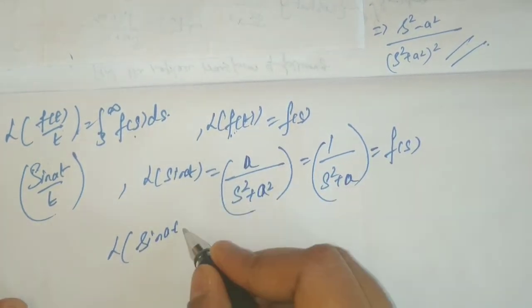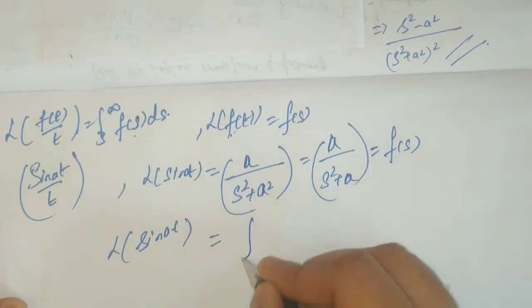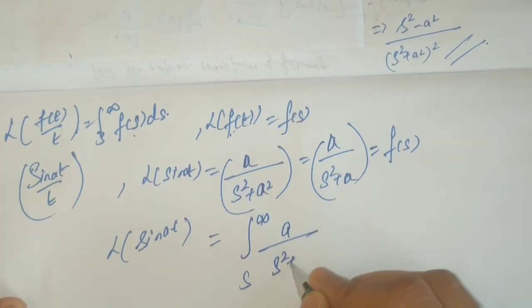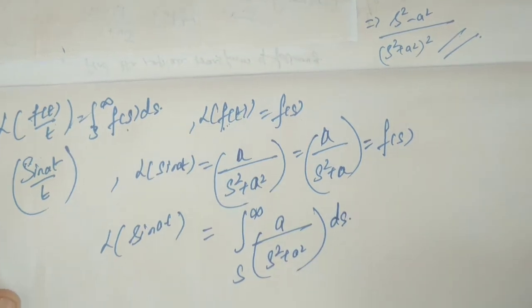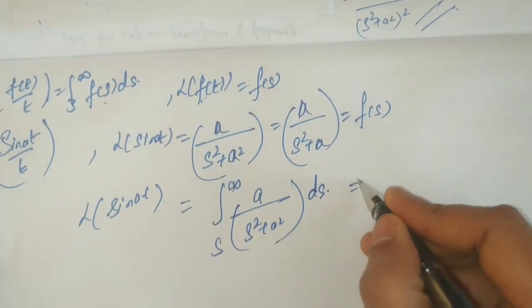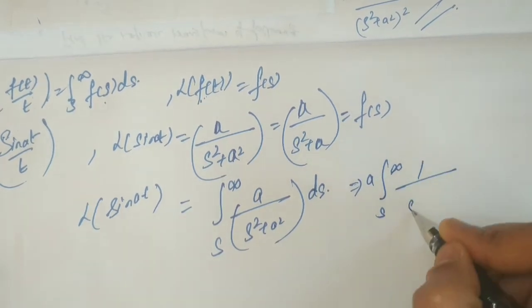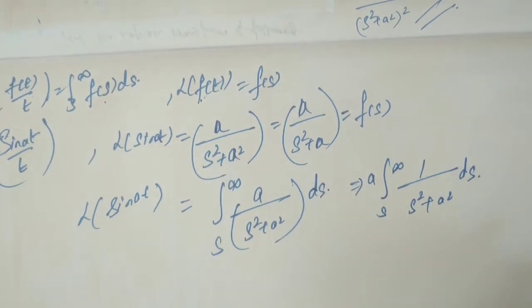Okay. So sin at is equal to integral s to infinity a by s square plus a square into ds. So a is constant, integral s to infinity 1 by s square plus a square into ds.